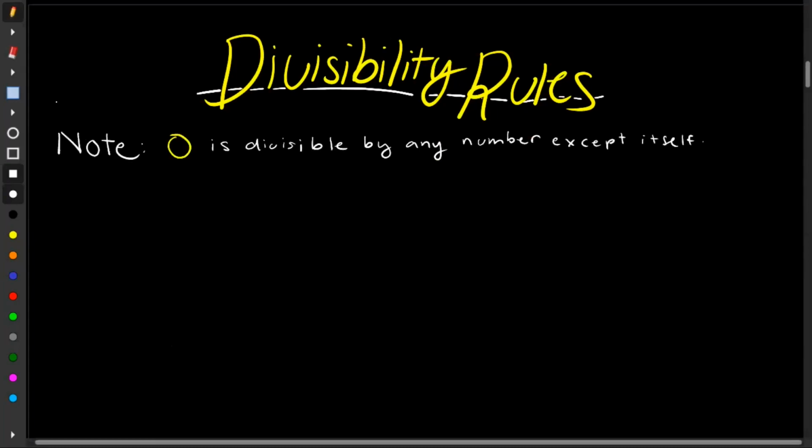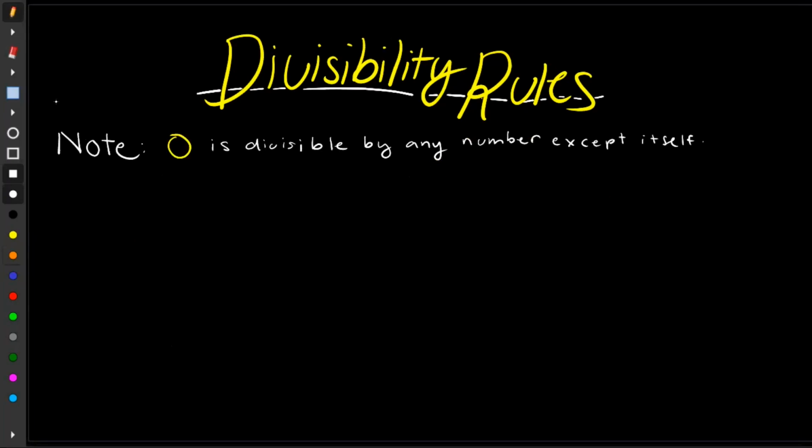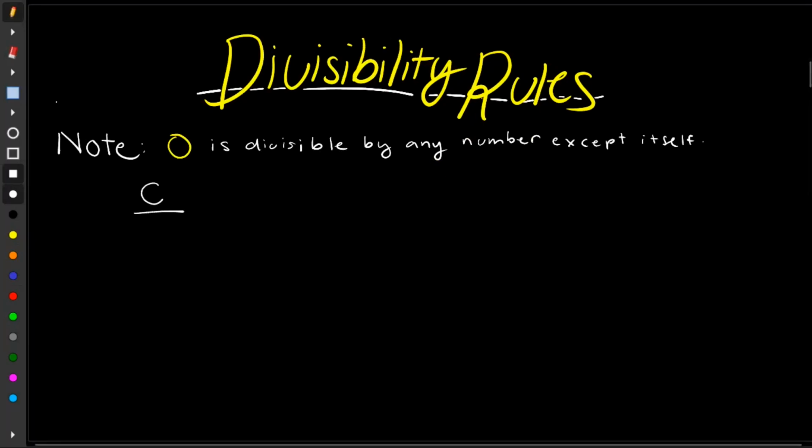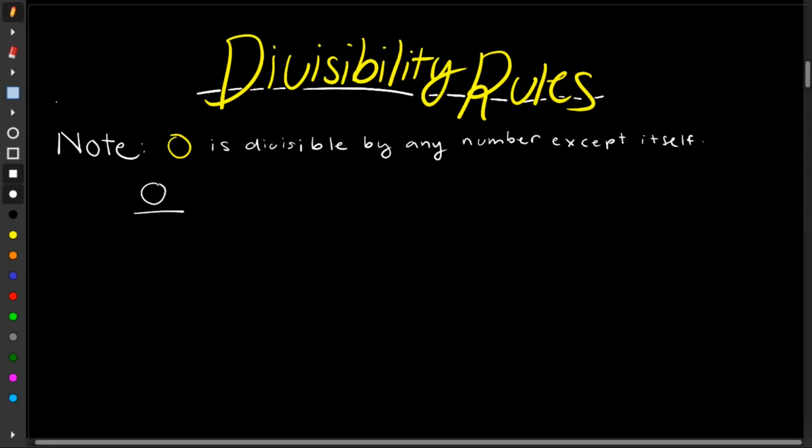Now note that 0 is divisible by any number except itself. The reason is because if we have this fraction, A divides 0, so this is simply 0 over A. We know that any fraction wherein the numerator is 0 would give us 0.